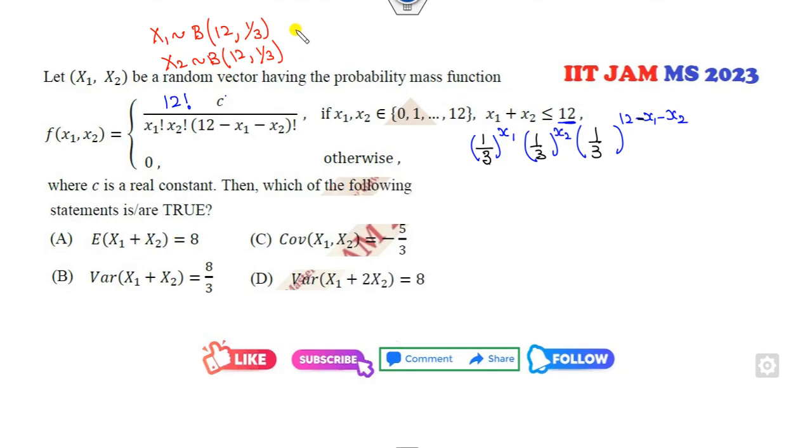Then what is the mean of the xi's? It is n times p, 4. So 4 plus 4 is 8, correct answer. What is the variance of this? It's the variance of x1.